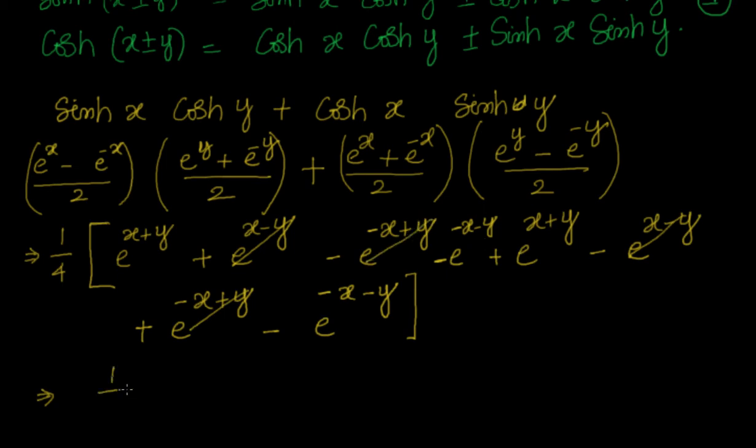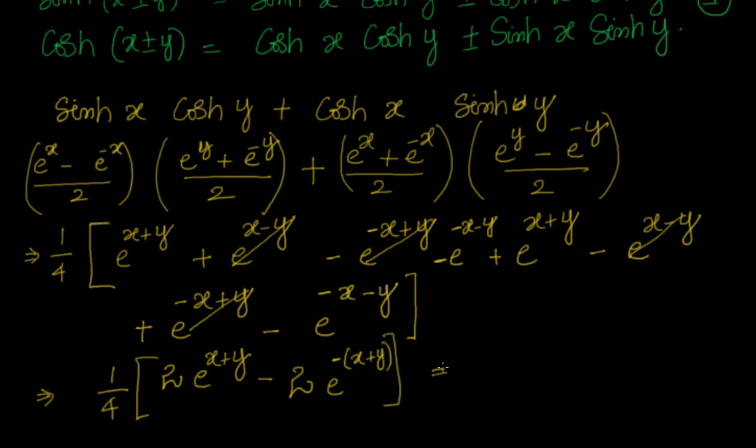So what you have now is 1/4 into 2e^(x+y) minus 2e^(−(x+y)).